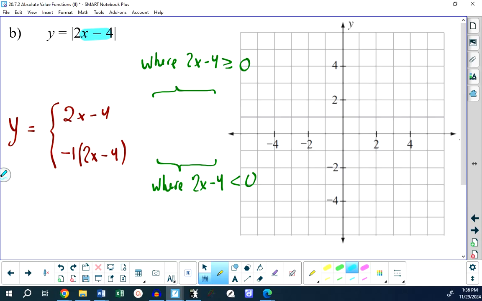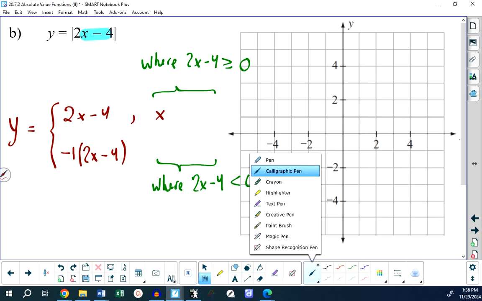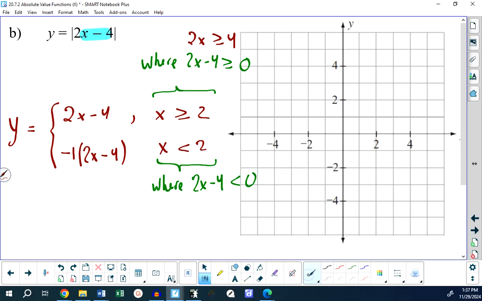But what we want to do is write what x is here. Not what 2x minus 4 is, but what x is. And when you solve this inequality, you can add 4 to both sides, and when you divide both sides by 2, you end up with x is greater than or equal to 2. And that means this will be x is less than 2.